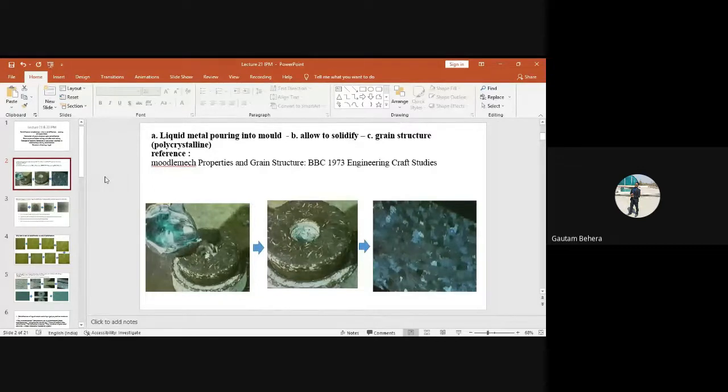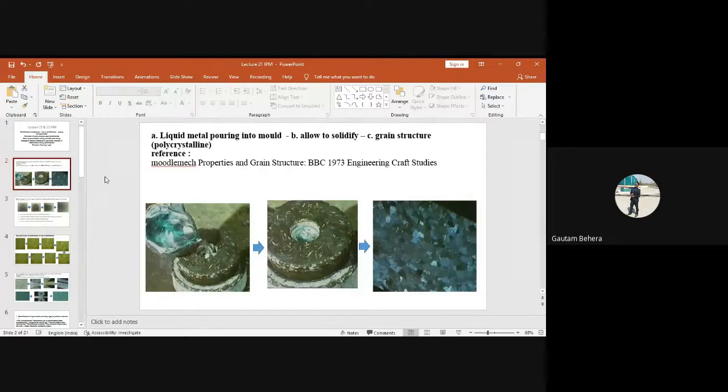But the liquid metal does not have any kind of application. Basically, we need a solid metal or solid alloy for our applications. So we need to do solidification, right? We need to convert this liquid metal into solid. So how is it done? By using molds, right? So solidification will happen inside a mold, and the mold will be what? The mold will be a metallic material, or it may be a ceramic material, basically, right?